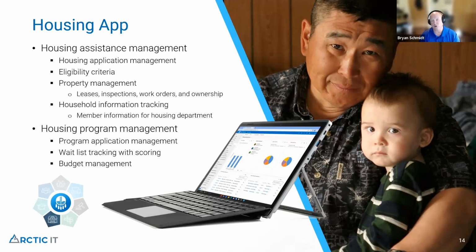But then, once somebody has been approved through that application process, now they've been placed in one of the units, you can create that lease agreement and manage the recertification of that lease, whether it's an annual or every other year process, to make sure that that individual is still eligible for that assistance that they may be receiving.